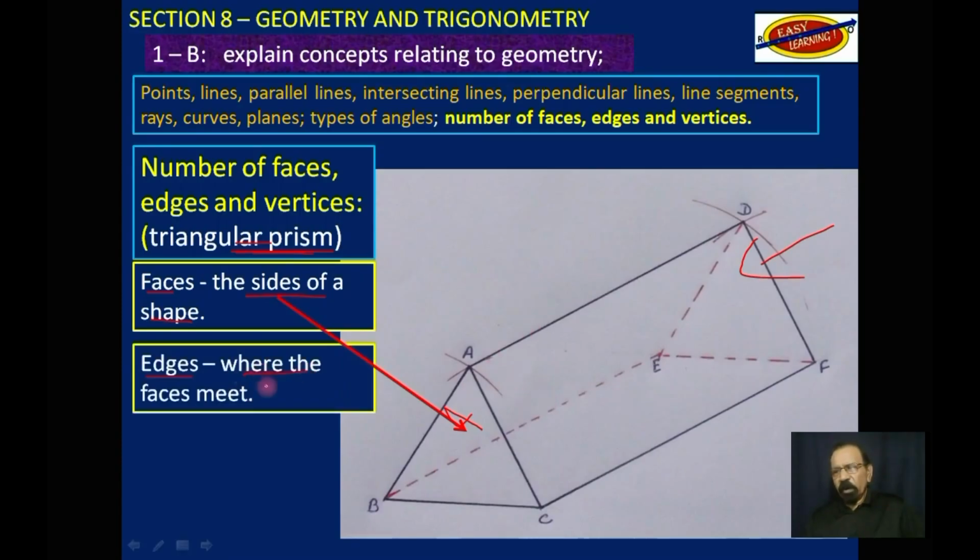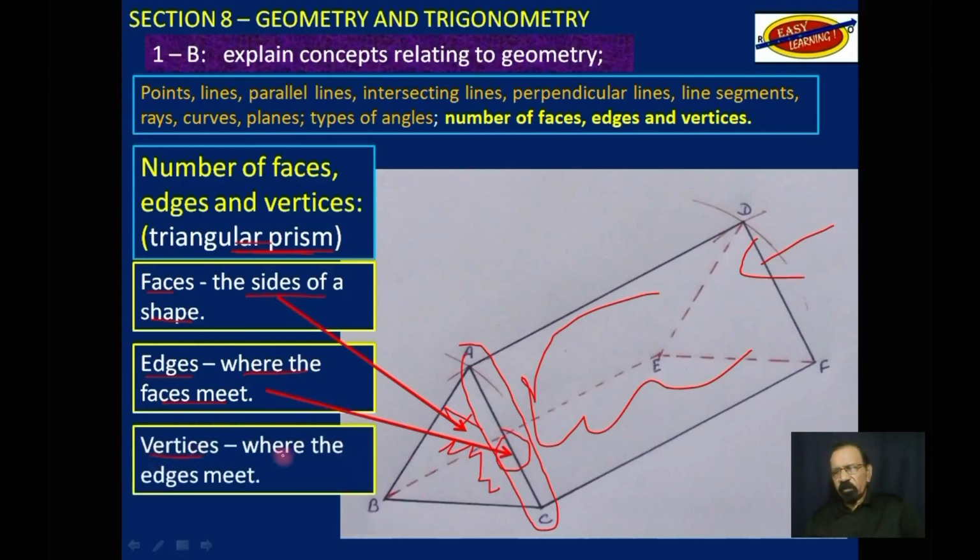Edges are where the faces meet. So you could see this triangle in the front here. It meets that face along AC. So AC would be one of the edges. And there are quite a lot of others. So that would be edge.